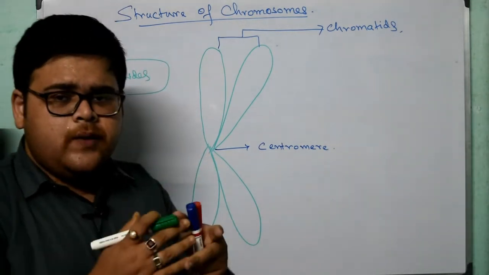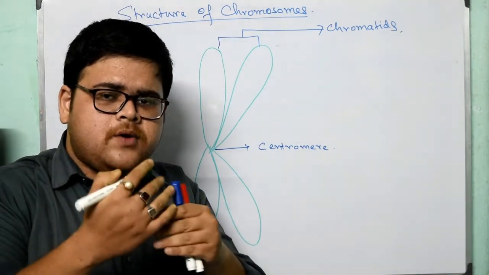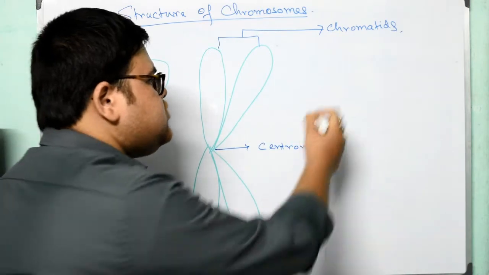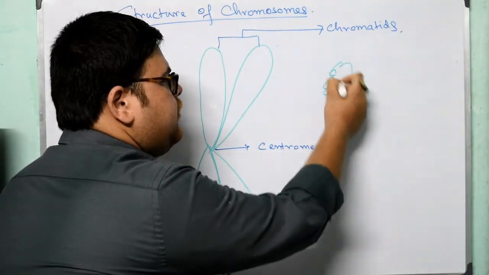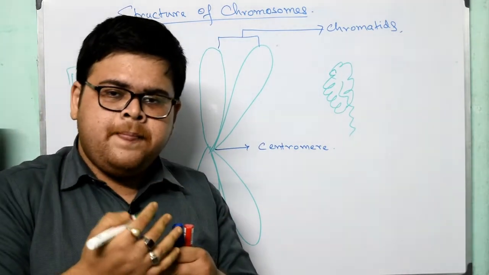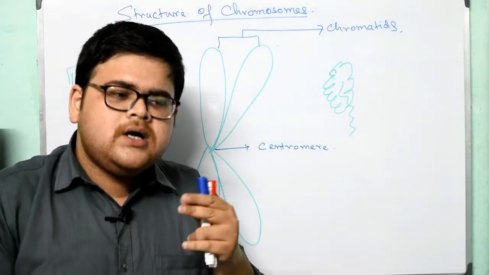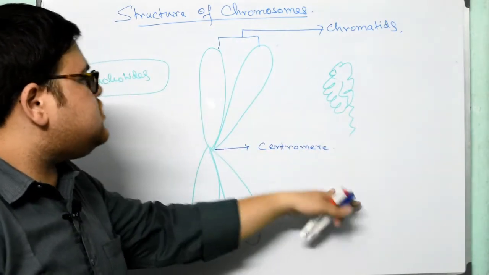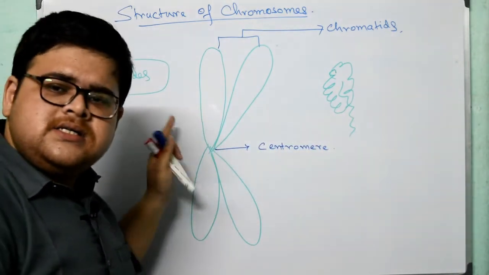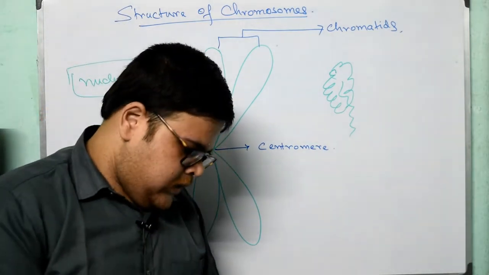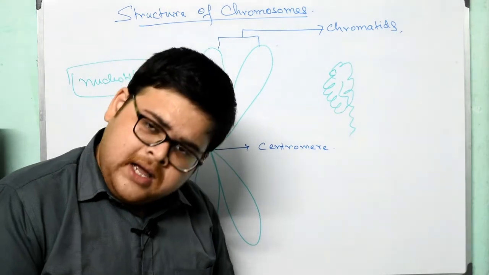It is about how the structural part is made up. I have already told you about this coil, but how this coil is made, how this particular arrangement of histone proteins, DNA structures and everything inside these nucleotides is organized, it is a sequence that is known as the genes. I hope this is clear.